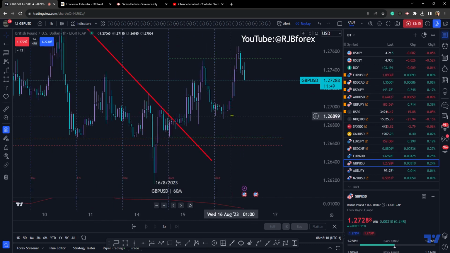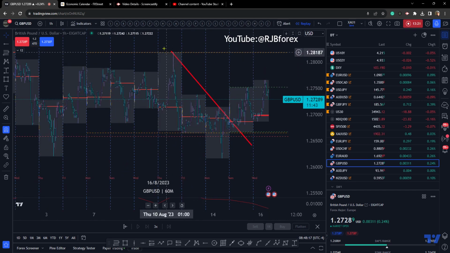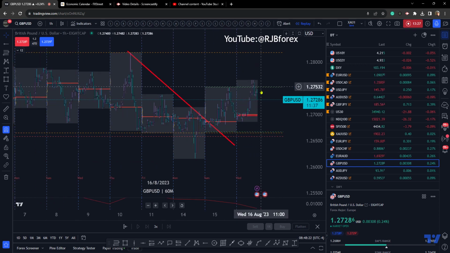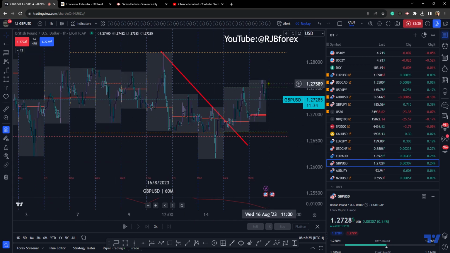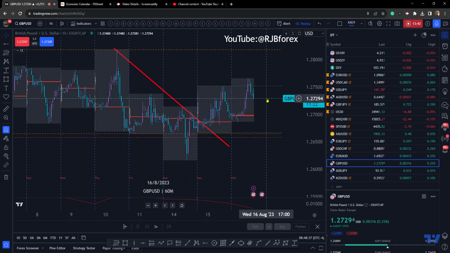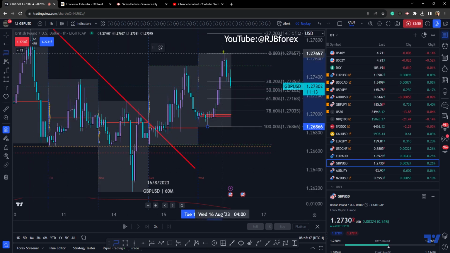How are we getting on? Cable is pulling back, breaking structure. Day three, Wednesday. Right, so what we're having here is a pullback into this length, targeting the 6318 with the price and balance to go for.